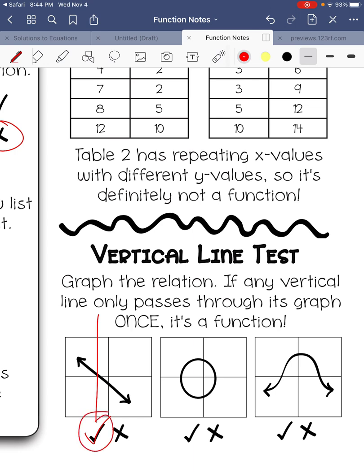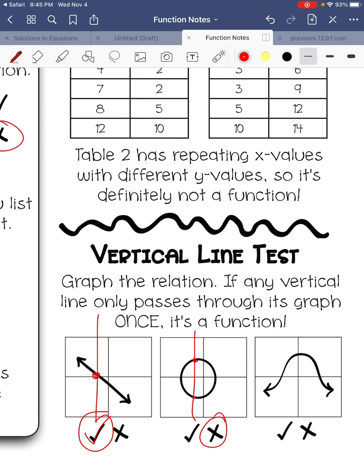Because for every one input, there's only one output. So each ordered pair on this graph only has one input and one output. Now, in this example here, do you notice that my red line touched the black here and here? So it touched that circle in 2 places. That tells me it has 2 outputs for 1 input, so that would not be a function.